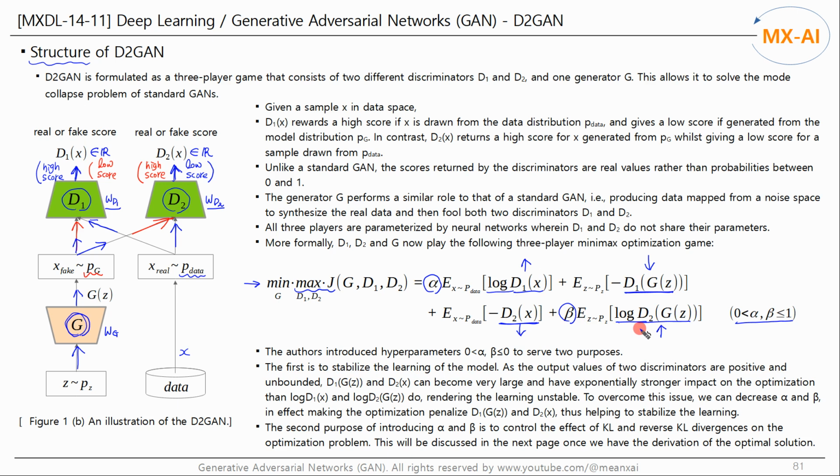rendering the learning unstable. To overcome this issue, we can decrease alpha and beta, in effect making the optimization penalize D1 of G and D2 of X, thus helping to stabilize the learning. Instead of multiplying each log term by alpha and beta, we can also multiply each penalty term by the reciprocals of alpha and beta.